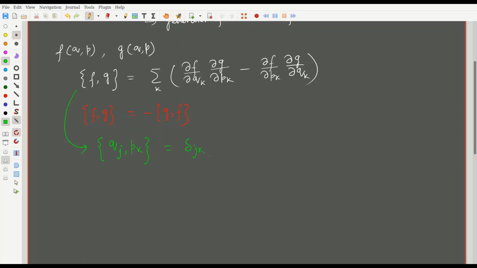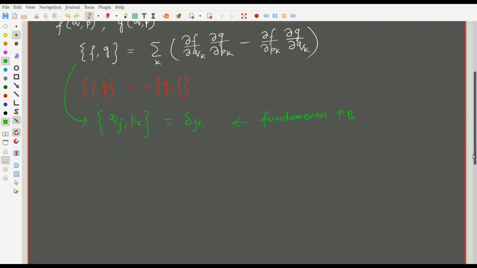This particular Poisson bracket relation between Q and P, we will call my fundamental Poisson bracket. And it will be very important when I talk about the transition into quantum mechanics.